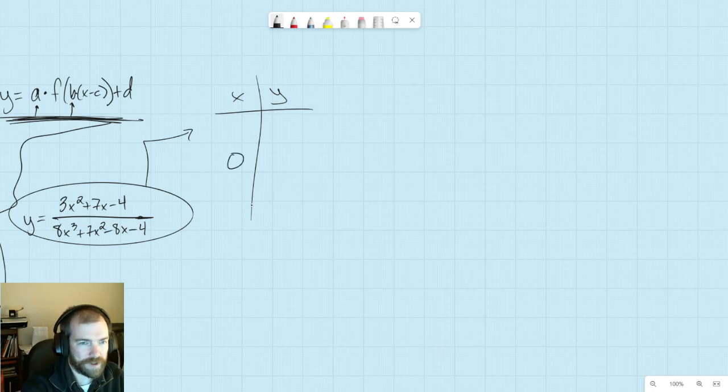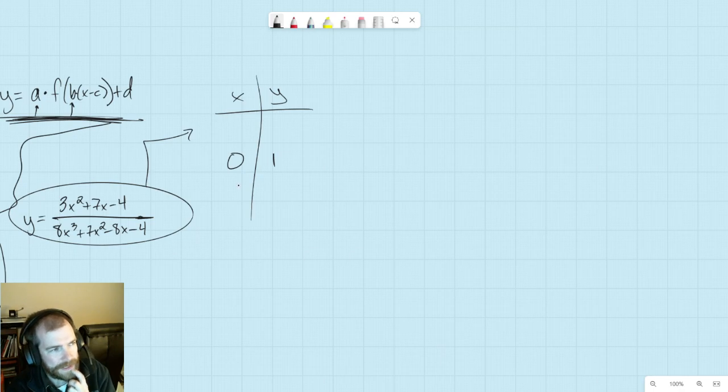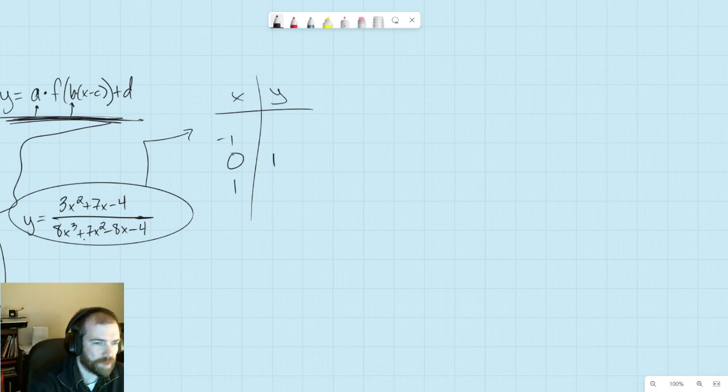So in the case of 0, for example, we're going to get 0 minus 4, so that's a negative 4, divided by negative 4, which is going to be a 1 for y. If we then want to go on and ask what's 1 and negative 1, we can do the same there. Plug in the individual values, or if you're going to do it really quickly, you can use your calculator.